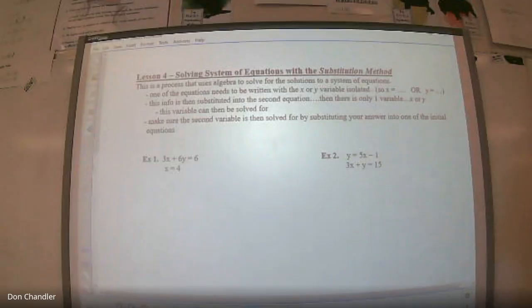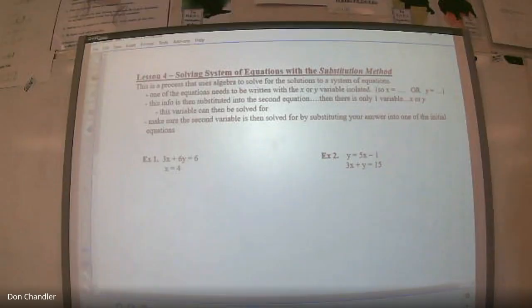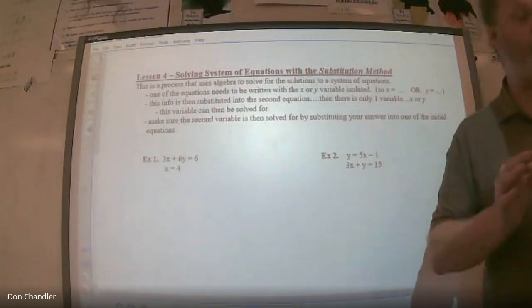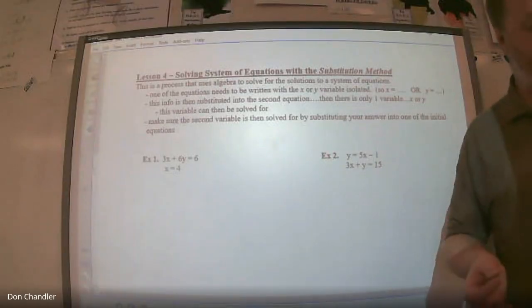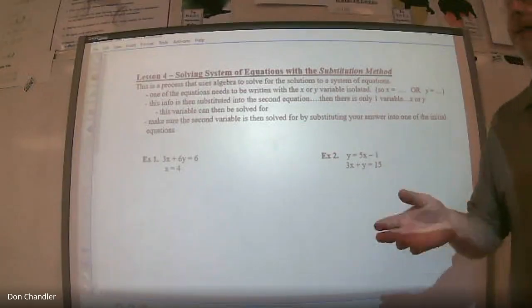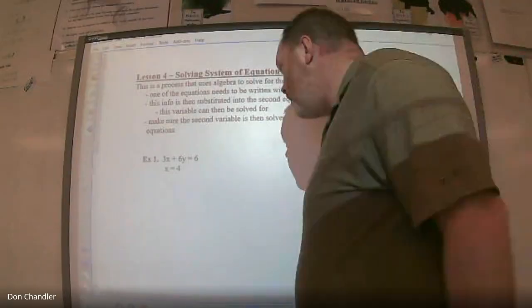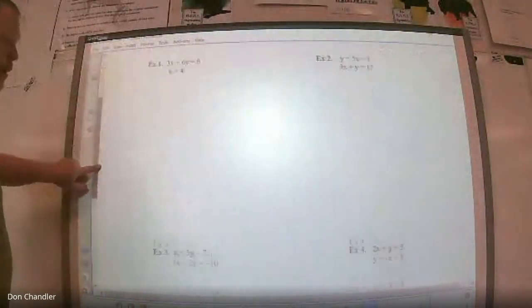Some of you are going to do elimination. Fine by me. In the grand scheme of things, we're not going to tell you which one to do. We will say solve algebraically, which means you can use the substitution method or you can use the elimination method. Today, you only need to know the substitution method. That's all we got. All right, the substitution method.